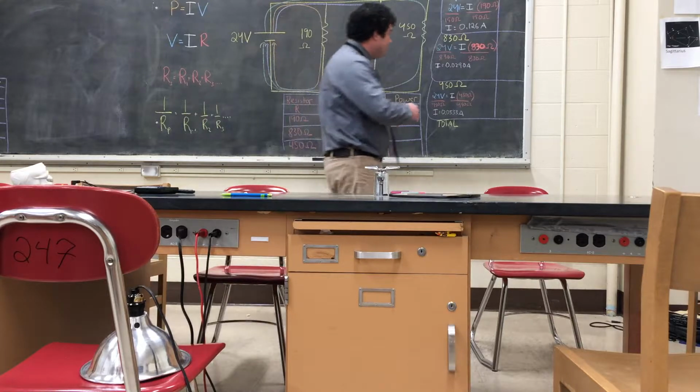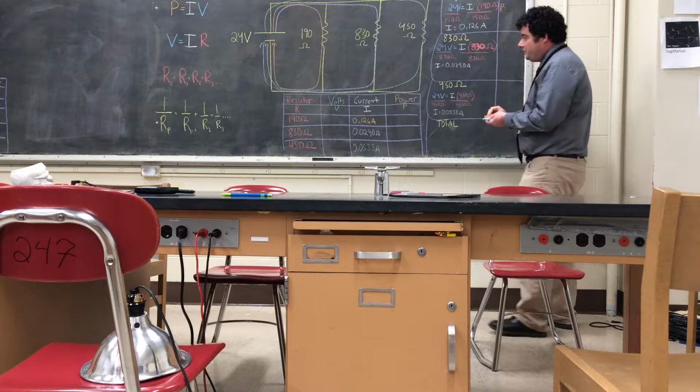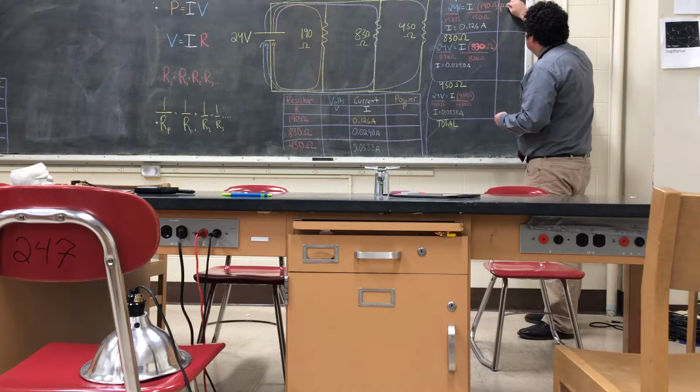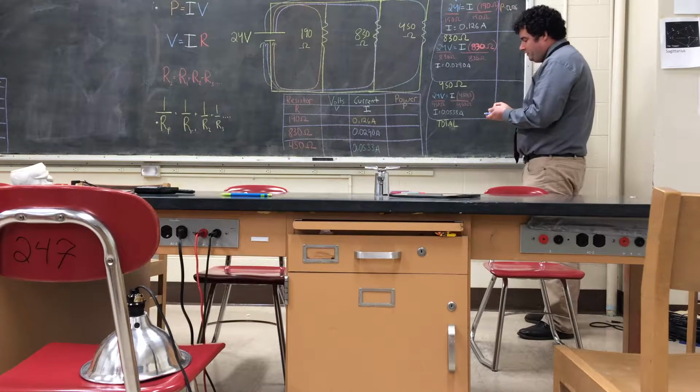So the power will just be our current in that branch of 0.126 times the 24 volts.